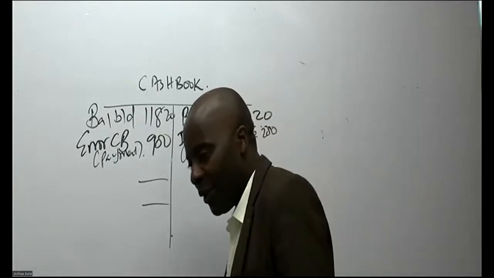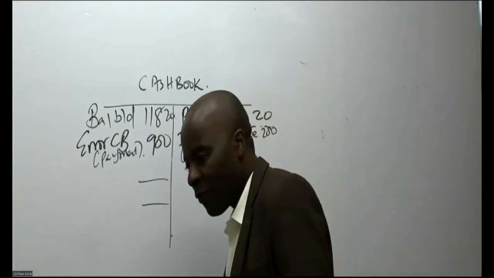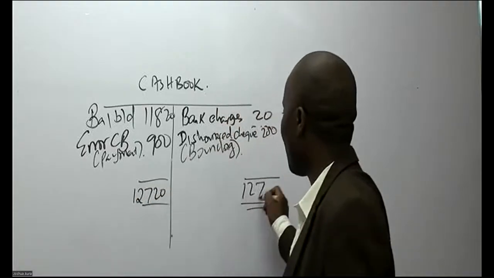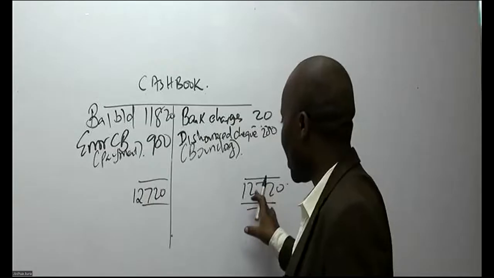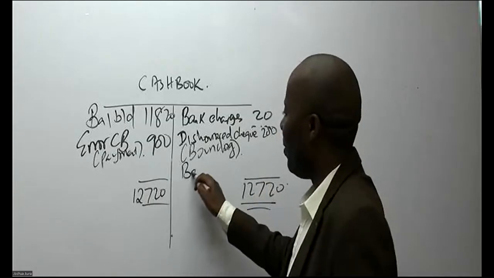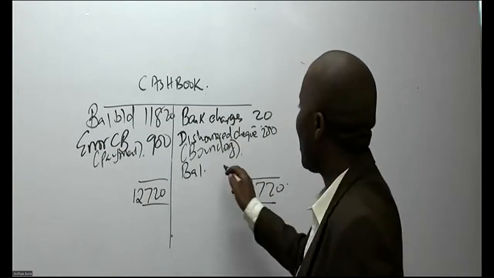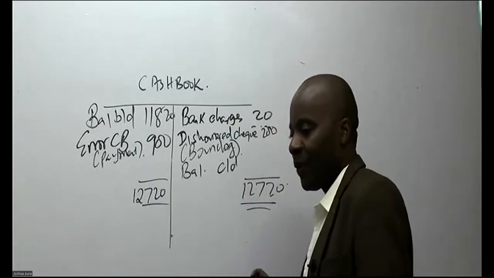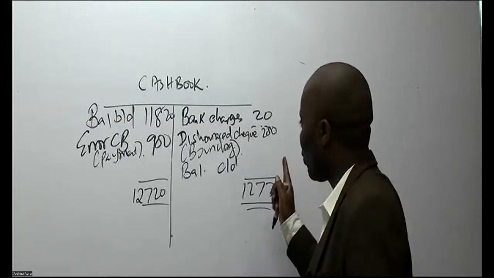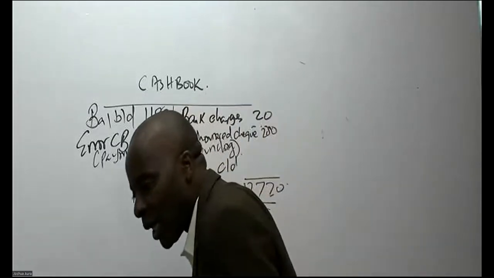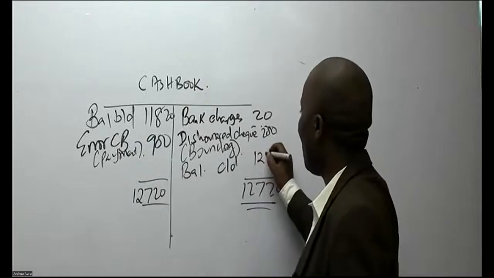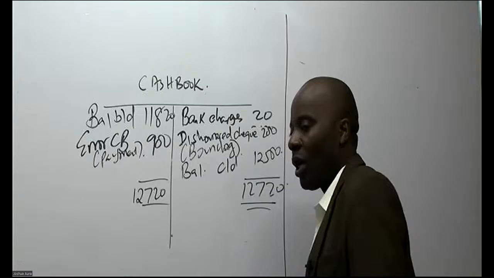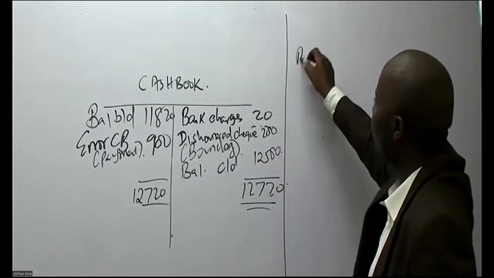What are we getting? 12,720. So this has to be 12,720. Now, if this side is heavier, the balancing figure, the balance carried down, will be 12,720 minus 200 minus 20, which gives me 12,500.